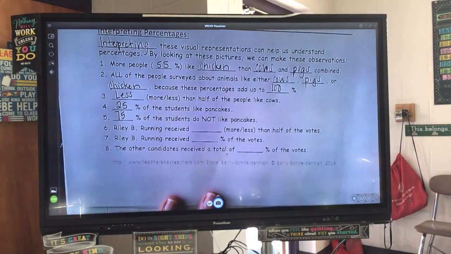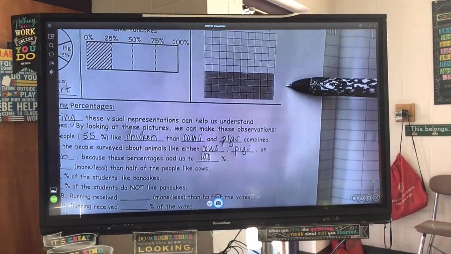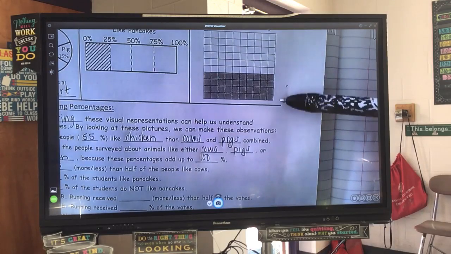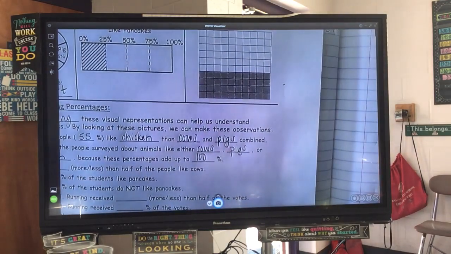Alright, and then looking at the last 100 grid or 100 chart. First and foremost, how many boxes are here? Just to refresh my memory. I think I know, but I just want to make sure I'm correct. William? 100. So William, what's my percentage of this chart?